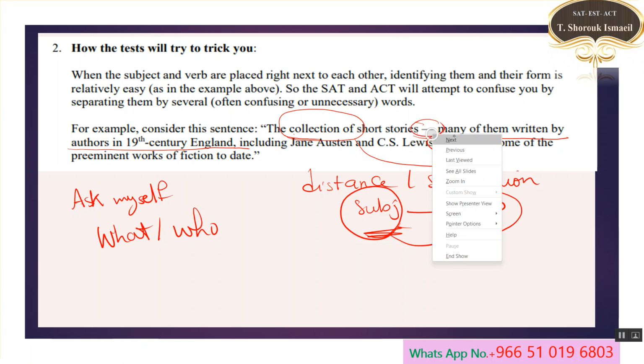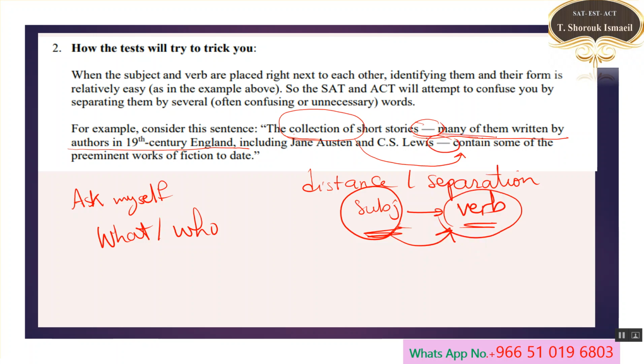They give me a kind of long phrase: many of them written by authors in 19th century England, including so and so. All of this makes a kind of separation, taking my subject away from my verb. So when you think about it, you get confused.